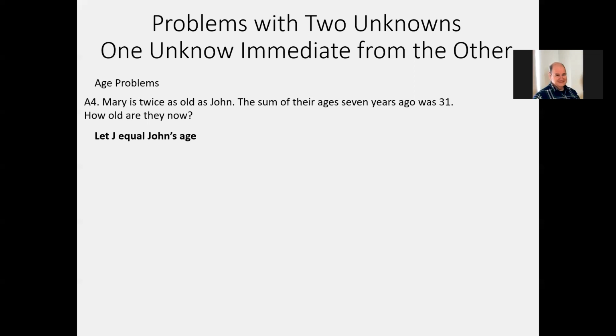This is something that I think I do want to try to review carefully. It's not immediately obvious when you read the English that you can really write Mary's age in terms of John's or John's age in terms of Mary's. So it's best to think of them as two separate variables and try to translate what's given here as individual equations, and then see if we can deal with those individual equations algebraically.